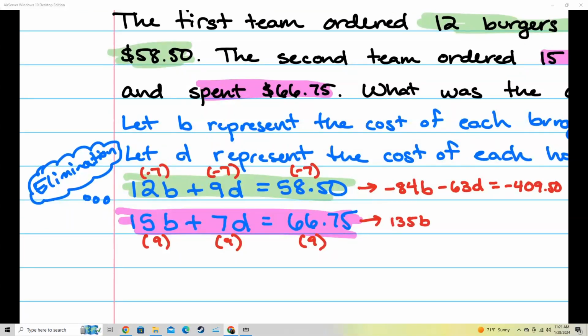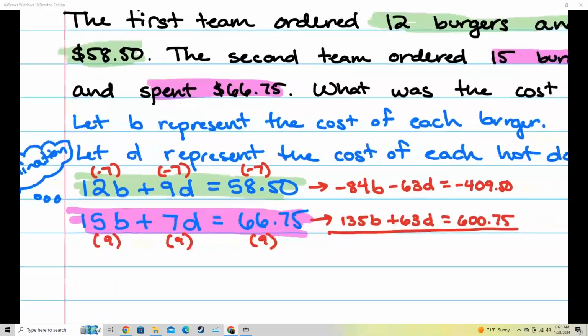B plus 63D equals, and that one I definitely need a calculator for. So let's see, 66.75 times 9 gives me $600.75. I know those numbers are ugly, but it doesn't matter because we're using calculators. It should be okay anyways.